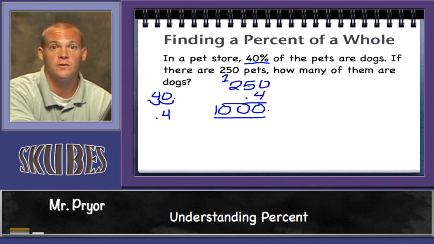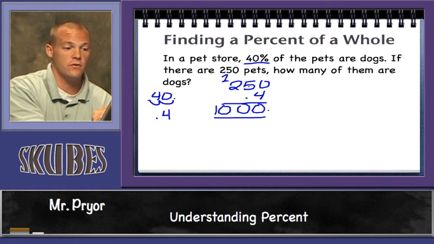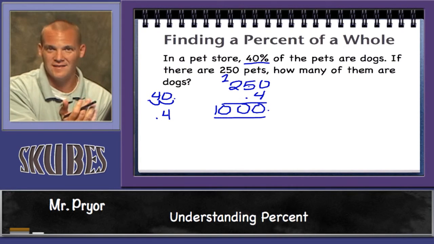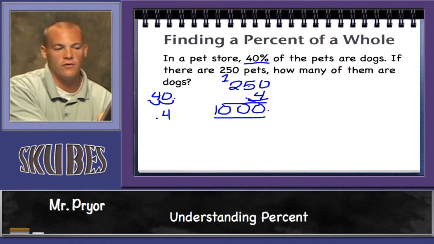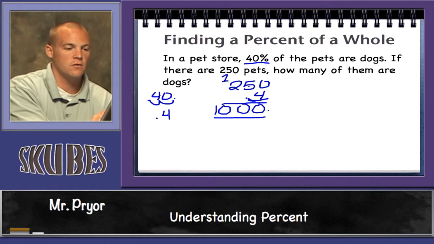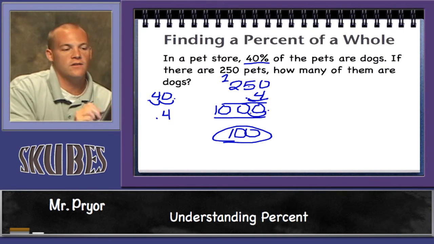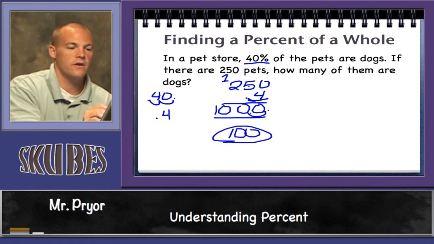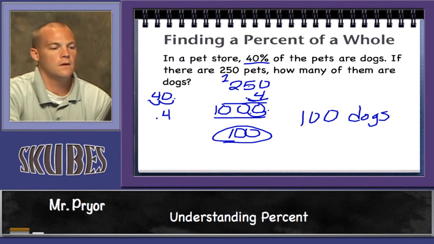You have to move that decimal to the left the same number of times the decimal shows up in your initial problem, or the same number of decimal places. This has 1 decimal place in it. 0.4, just 1 decimal movement. So we're going to move our decimal in our solution 1 place. So we're actually going from 1,000 to 100. So that means that there are 100 dogs at this store.